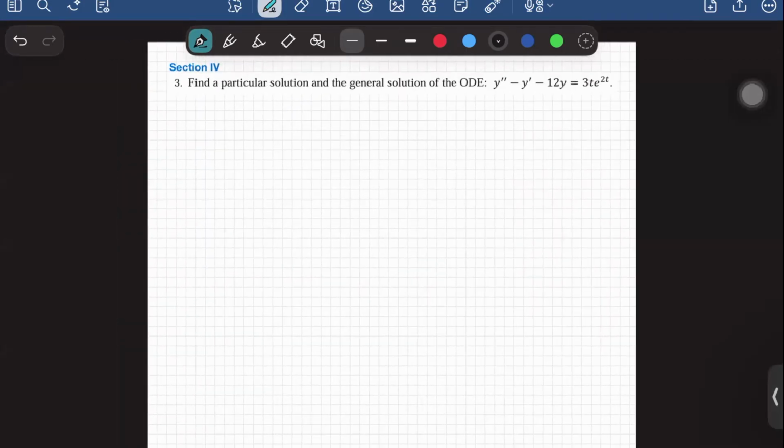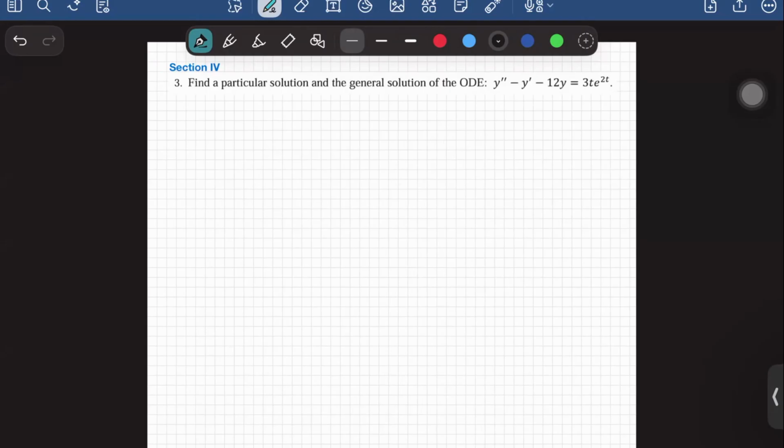This says we have to find a particular solution and a general solution of the ODE y double prime minus y prime minus 12y equals 3t multiplied by e to the power 2t, right? First we'll find the characteristic equation.